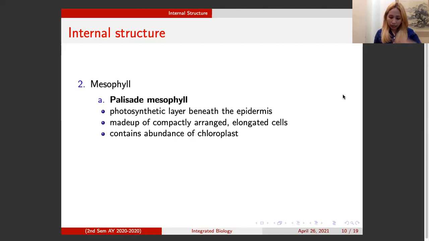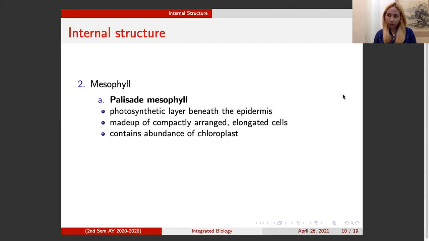Now, it is said to be a highly photosynthetic layer because, and this you will notice later doon sa ating figure, there are cells that contain chloroplast, that of course contains chlorophyll, and these cells are arranged in a highly compacted manner.